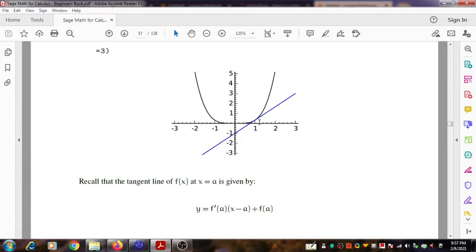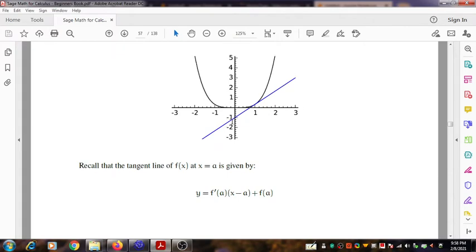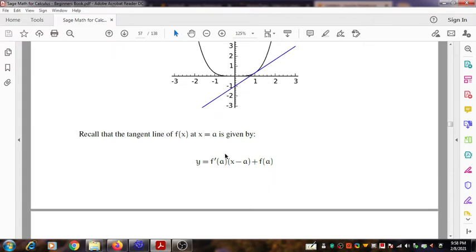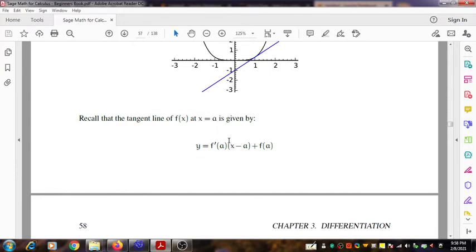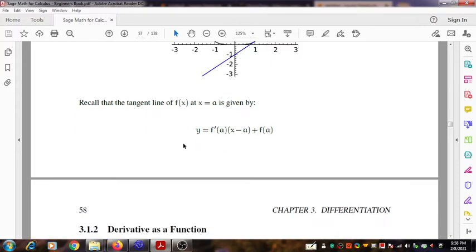So at x equal to a, the curve has a tangent line, and the equation of the tangent line is given by y equal to f'(a) times (x minus a) plus f(a).